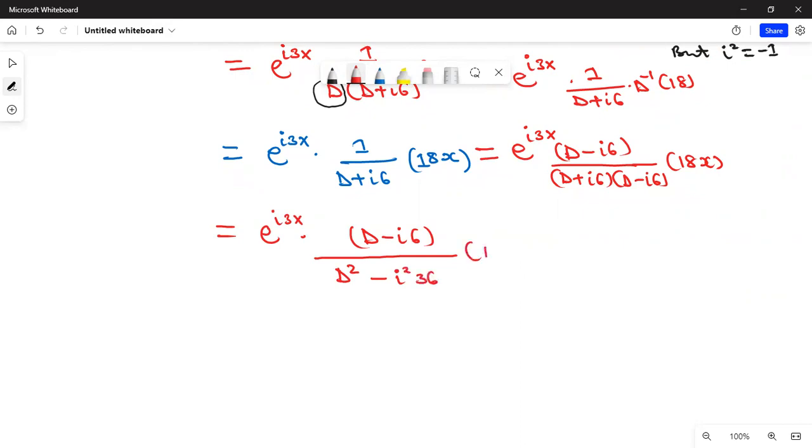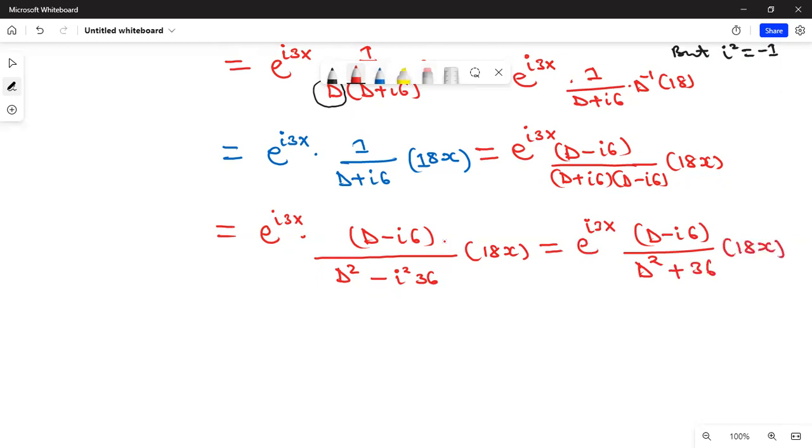Then here we have 18x, but I squared is -1, so this can be written as exponential I3x, D minus I6 over D squared plus 36, operating on 18x.